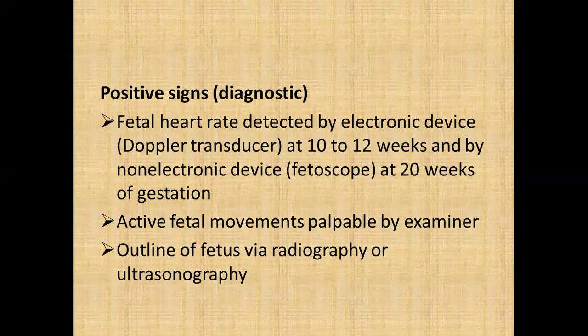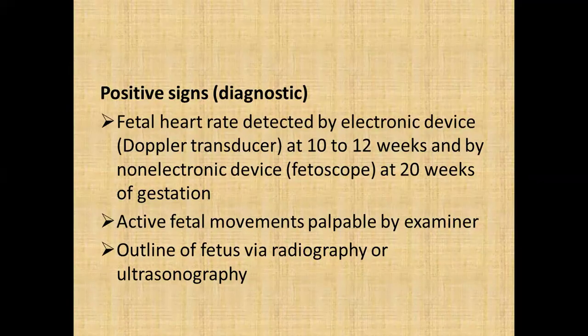In some questions, they tend to ask: at what week should you first try to assess for the fetal heart rate? And I say that as early as 8 weeks of gestation, you can determine the fetal heart rate using the electronic device, or the Doppler transducer.